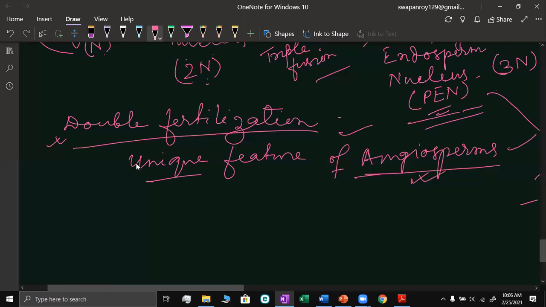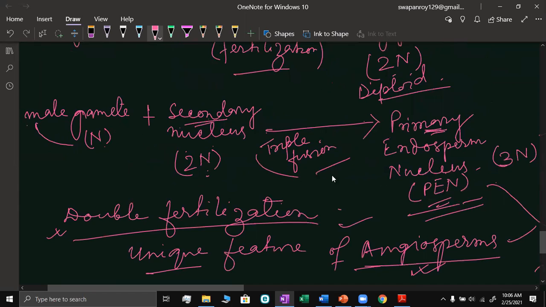Double fertilization and triple fusion take place in the angiosperm only. Triple fusion is when the two polar nuclei and one of the male gametes fuse together, so thrice fusion.